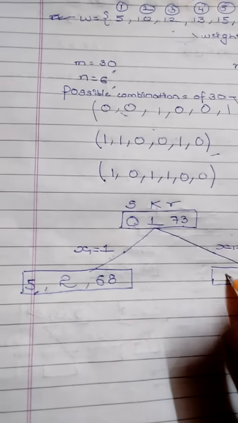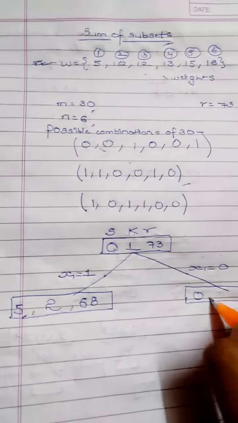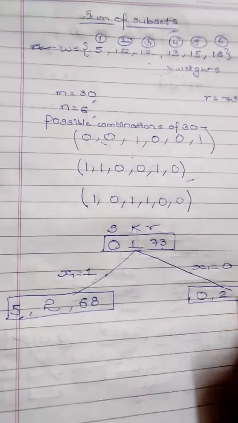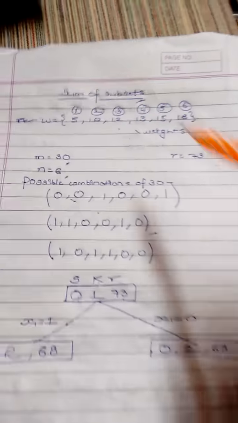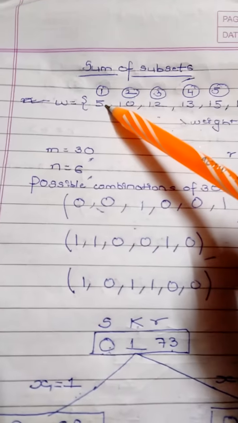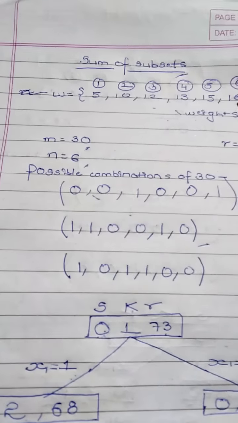If I have not taken my first weight 5 in the tree, my sum will be 0, but I have to move to the next position and R will be 68, because the first weight is not used. I have to take the remaining sum of the weights, that is 68.